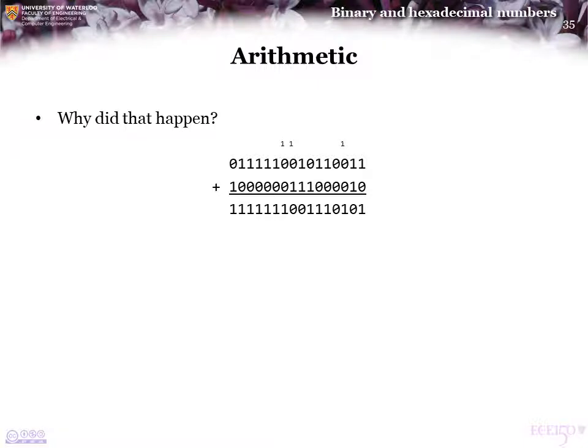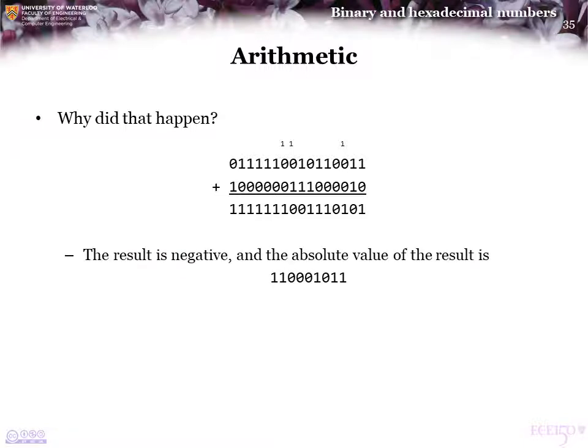If we now add these together, here's the result. And we'll notice that in this result, the leading bit is 1. Therefore, this signifies that the number is indeed negative, and to determine its positive value, we have to take the 2's complement of that result.